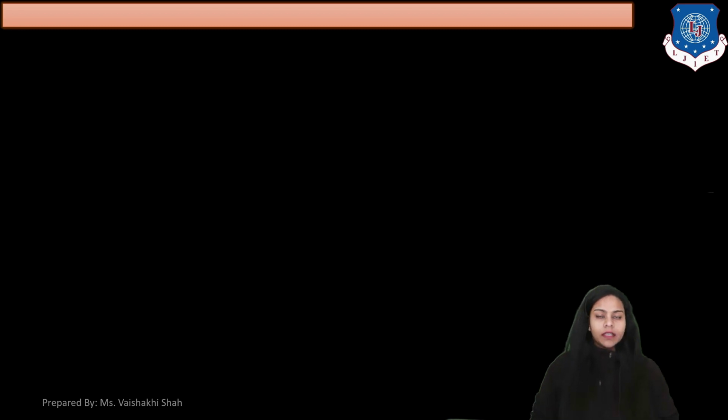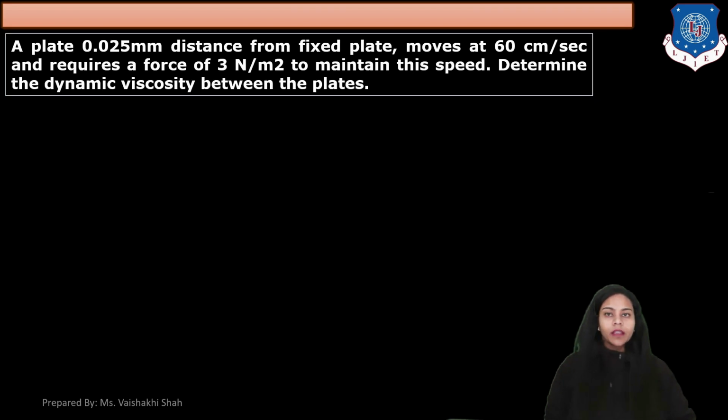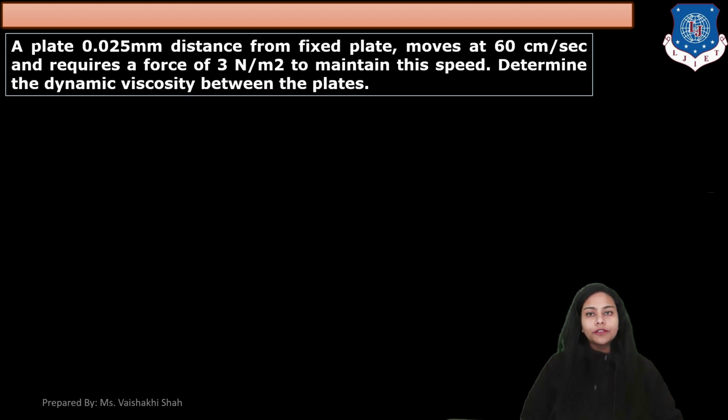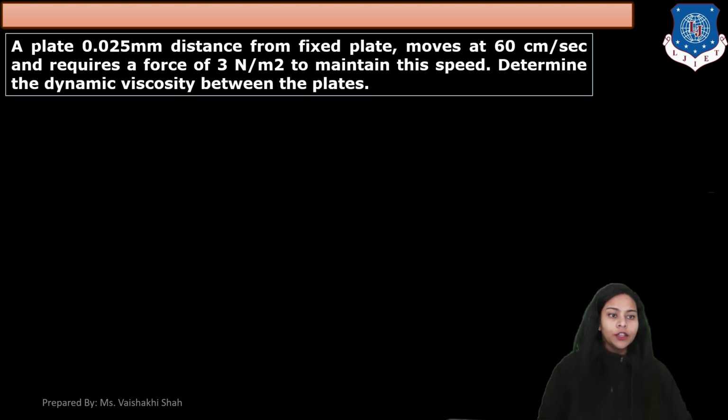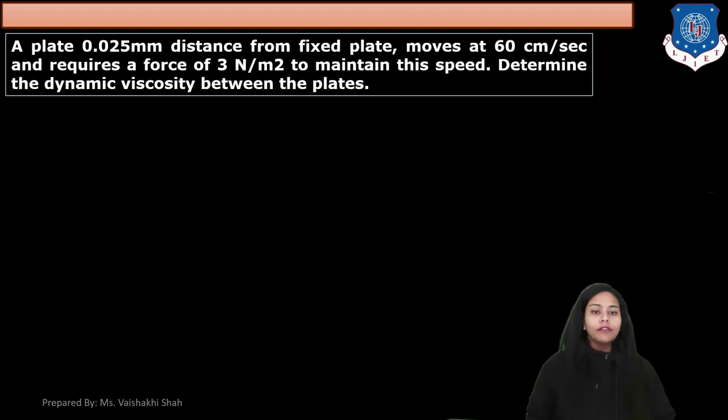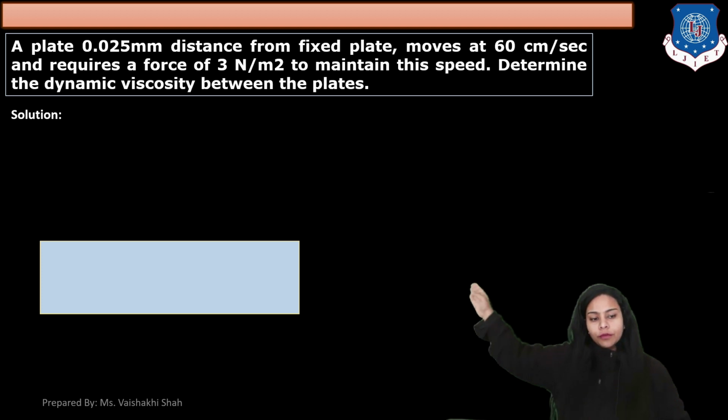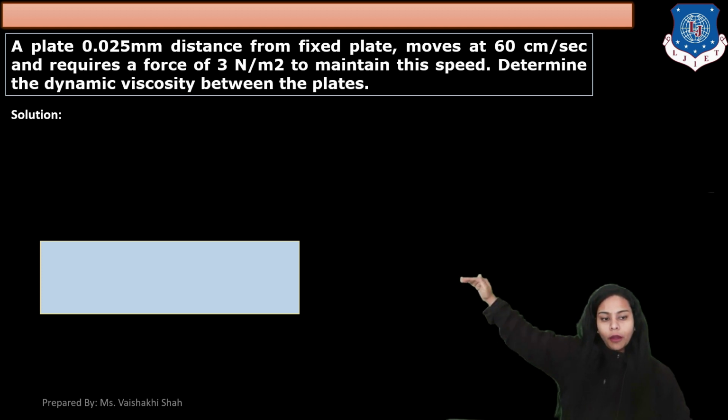Now our next example: a plate at 0.025 mm distance from a fixed plate moves at 60 centimeter per second and requires a force of 3 Newton per meter square to maintain this speed. Determine the dynamic viscosity between the two plates. First of all, two plates are given to you, top and bottom.